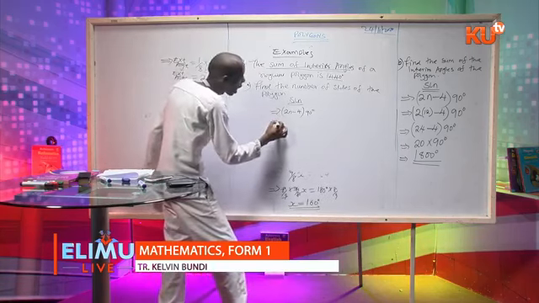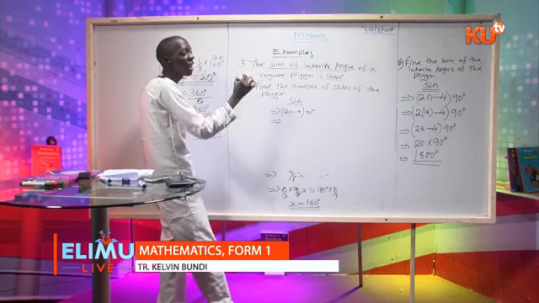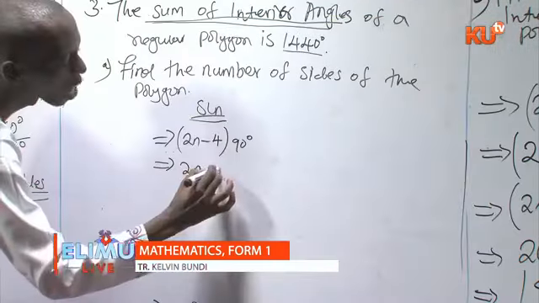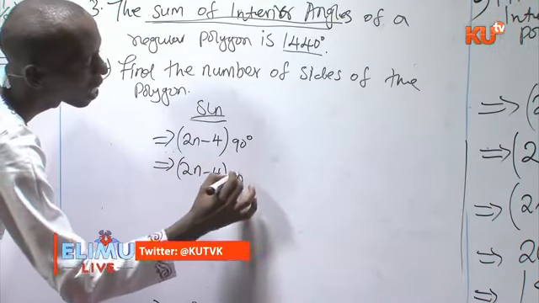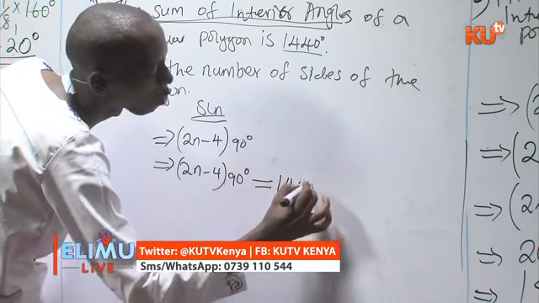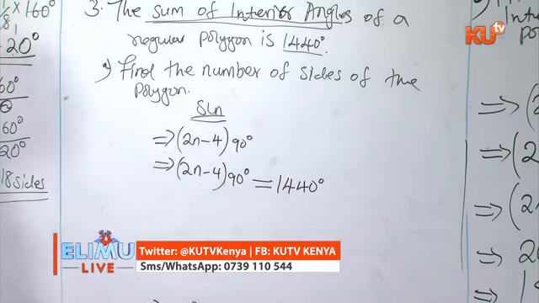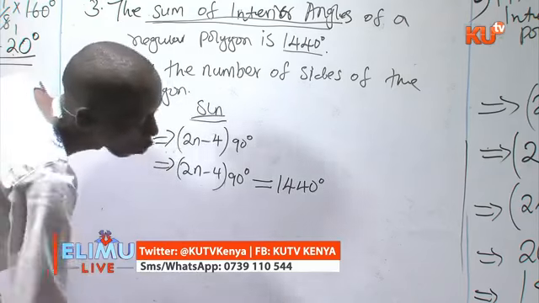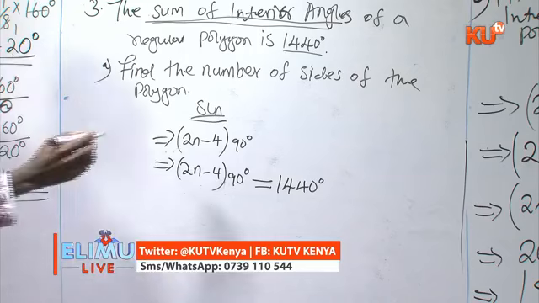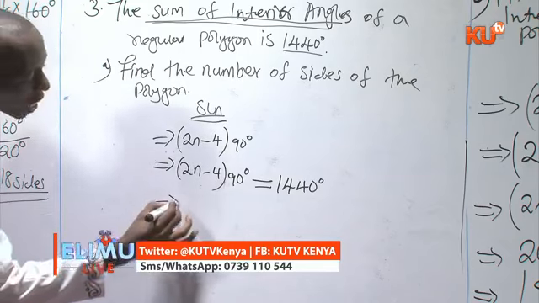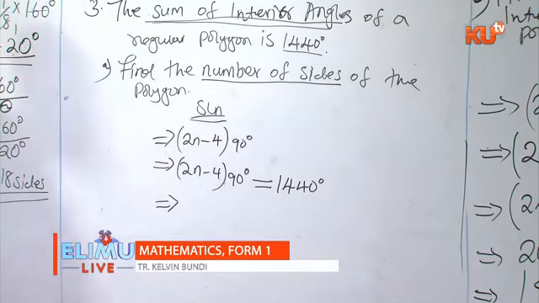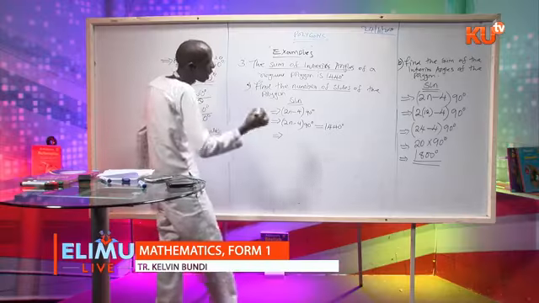And we are told that this sum, (2n minus 4) multiplied by 90 degrees, is 1,440 degrees. Find n. You are told to find the number of sides. Therefore, you are supposed to find n.